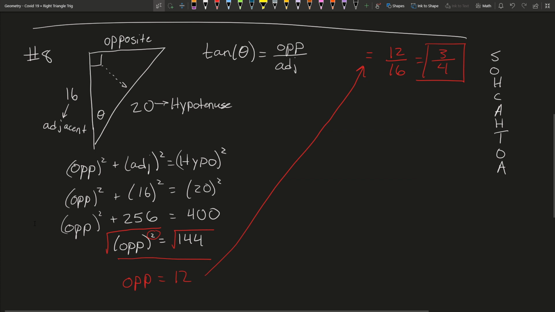How do you know which one is the opposite and which one is the adjacent? Okay, so that is dependent on where this angle theta is. Because this theta is right here, right? The side attached to that angle theta that is not the hypotenuse, that's the adjacent side.